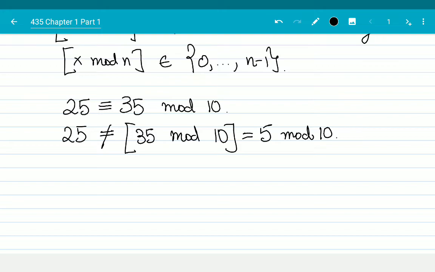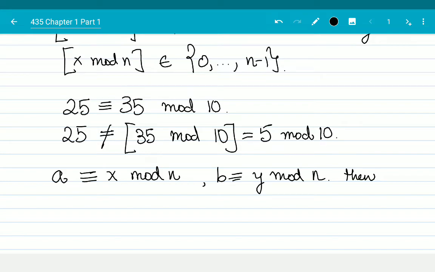And what are basic properties? Well, first, if a is congruent to x mod n, and b is congruent to y mod n, then a plus b is congruent to x plus y mod n.